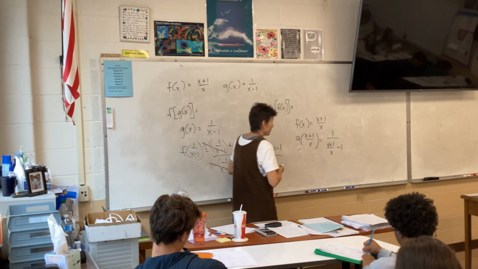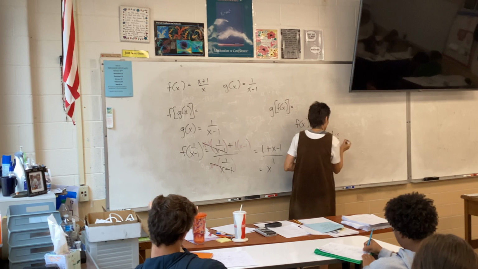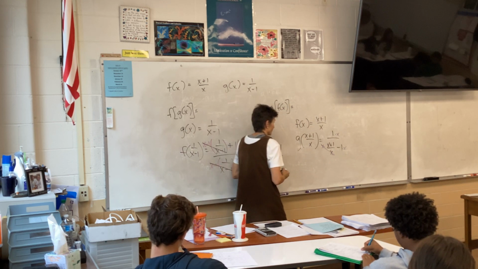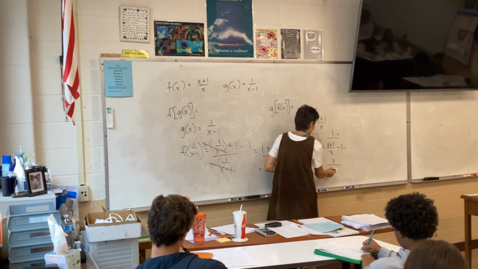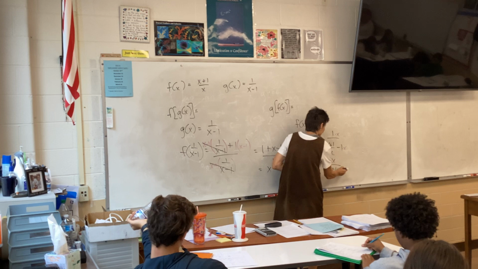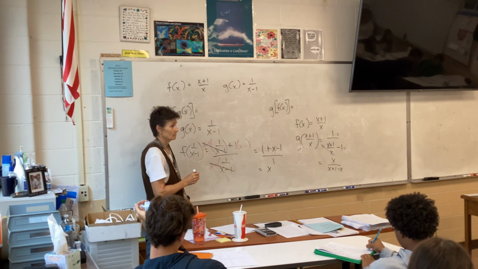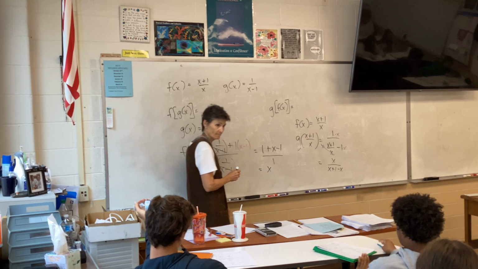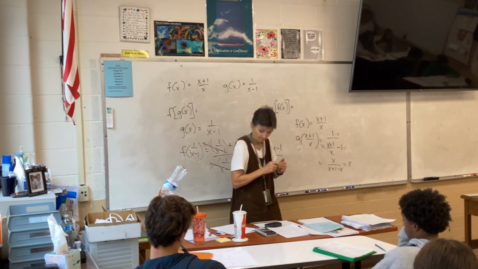I'm going to multiply by x. That cancels those. So I have an x on top, and x plus 1 minus x on the bottom, which is exactly what we hoped. Life is good.